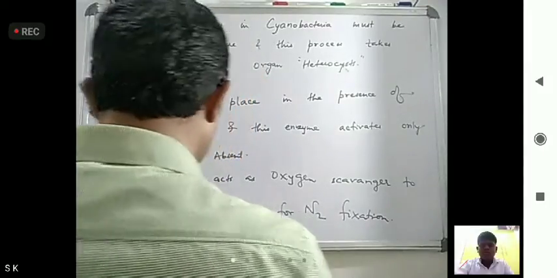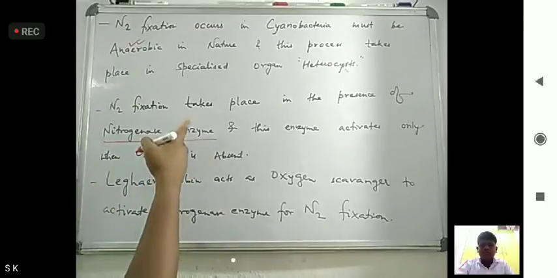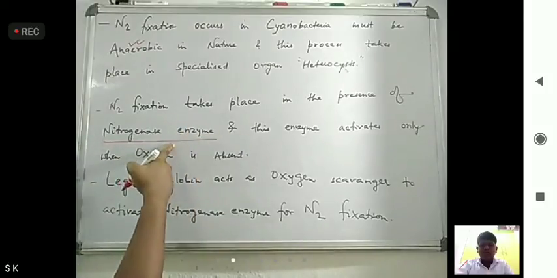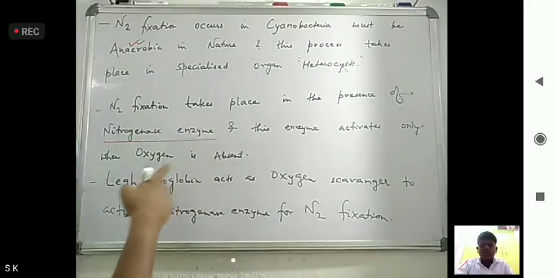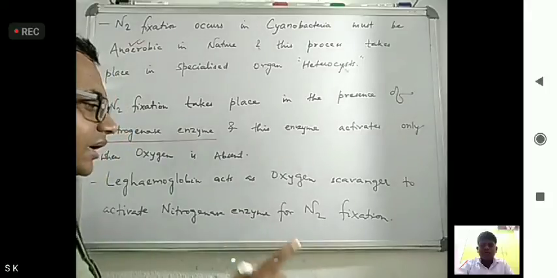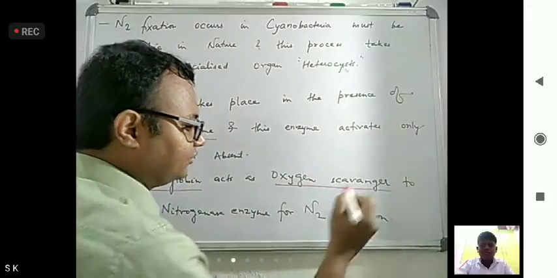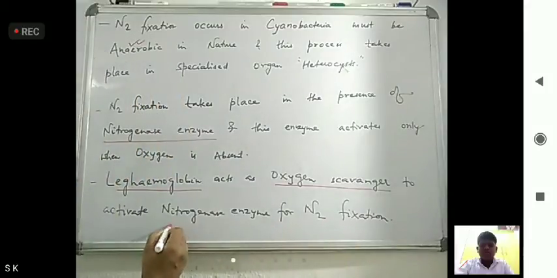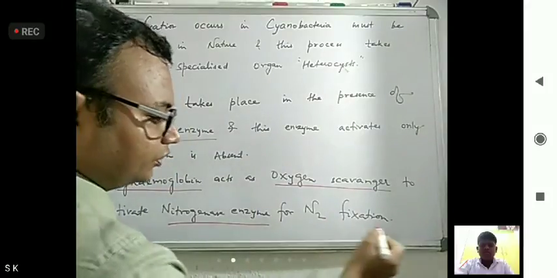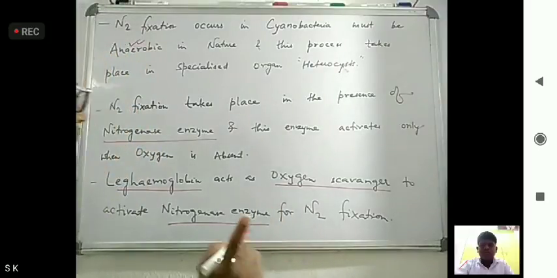Okay, what I told, nitrogen fixation takes place in the presence of nitrogenase enzyme, and this enzyme will activate when oxygen is absent. So for oxygen absence, leghemoglobin acts as an oxygen scavenger, to activate nitrogenase enzyme for nitrogen fixation. Now, here two things you have to remember for your exam.